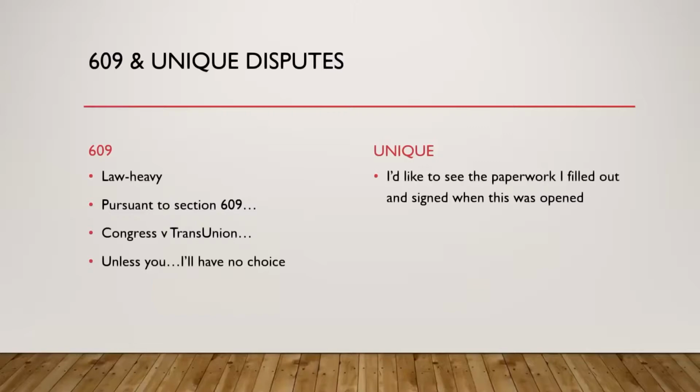If you recall, I've shown you using my screen what the difference is, why you want to use justifiers, and how easily you can implement the 609 into your unique dispute. Do not send the law heavy pursuant to section 609 Congress versus TransUnion type of disputes. Simply state, look Equifax, look Experian, look TransUnion, I need to see the paperwork. It's as simple as that.